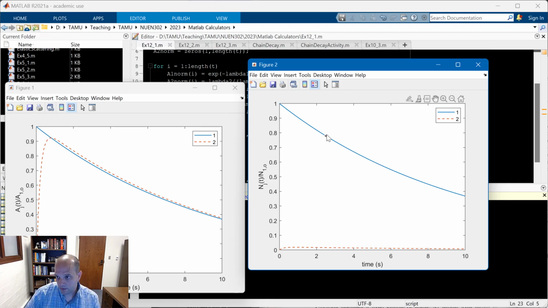You can see in this case that the activity of isotope number 2 is high, but the decay constant is so much higher, 50 times higher than that of 1.